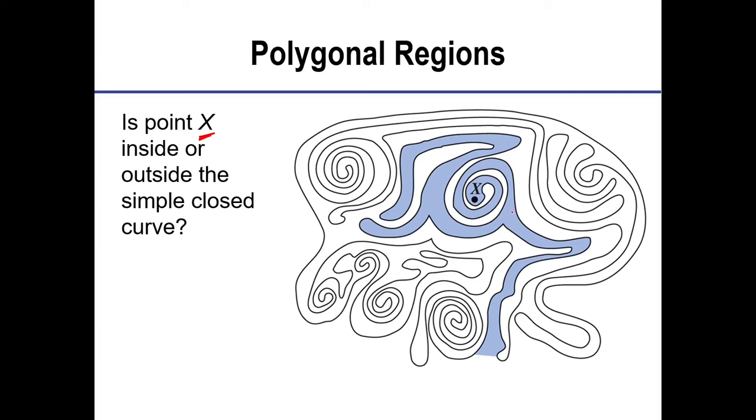Well, if you look at it very carefully, if I start at x, I can actually go outside of the curve without crossing the curve itself. So x is outside of the curve. It is not inside the curve. We can actually go outside the curve without crossing the actual curve.